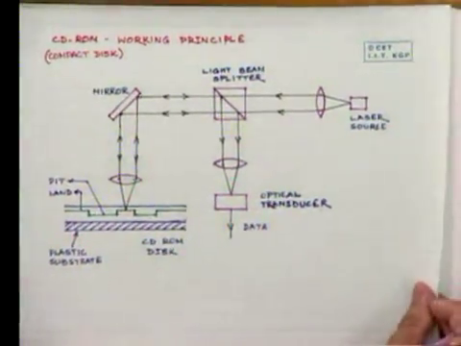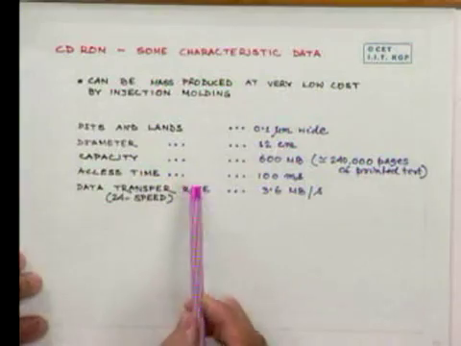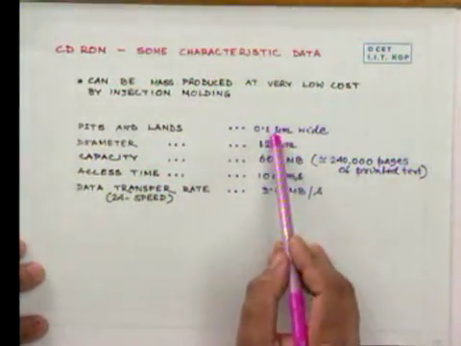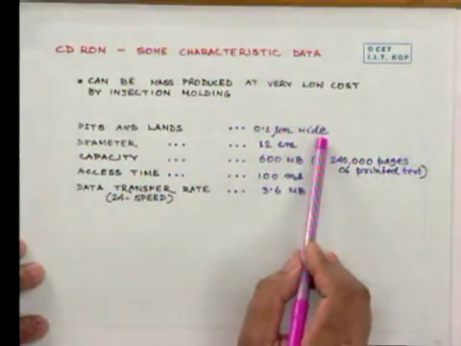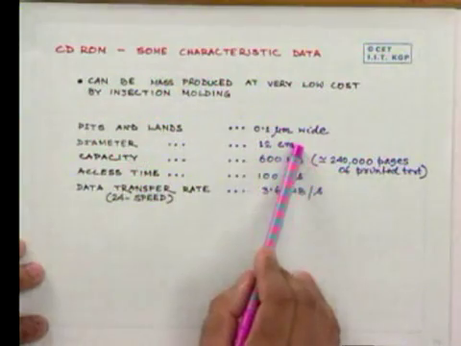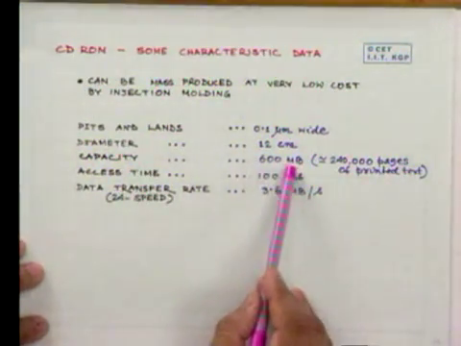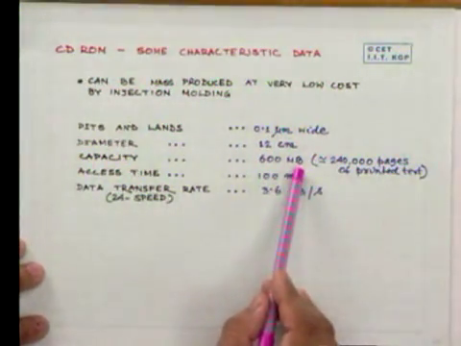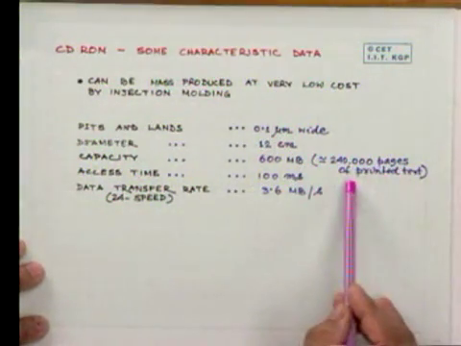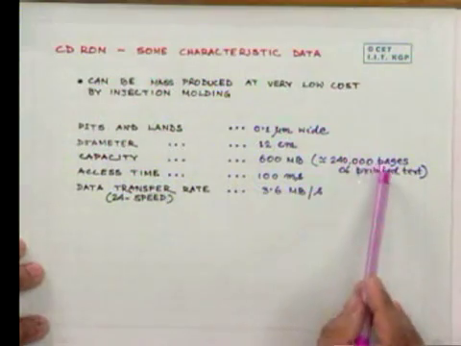Some of the characteristics of the CD-ROM that I am showing here: the pits and lands are 0.1 micrometer wide. The diameter of a CD-ROM is around 12 centimeter. Capacity is 600 megabyte, which means it can hold almost 240,000 pages of printed text of average size.